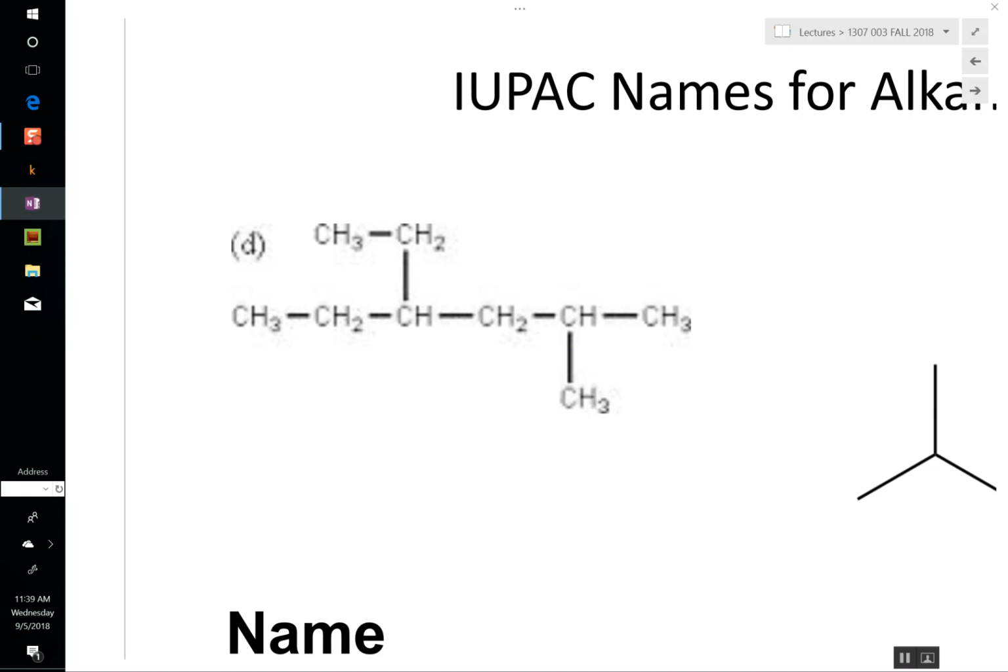You got the right substituents, but you have the wrong numbers. Look how close it is to that end. So it's going to start there. 2, so it's 2. There you go. Change your numbers.